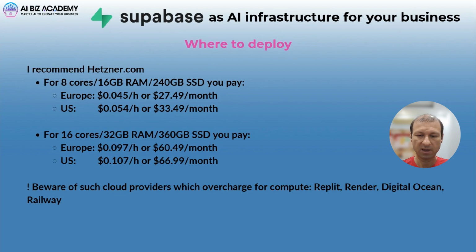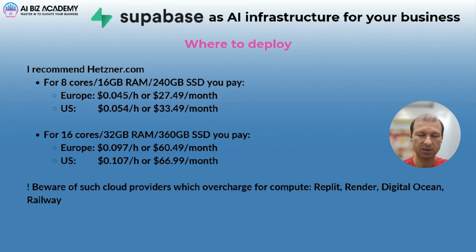Now be very careful of the cloud provider that you choose. I would stay away from Replit, Render, DigitalOcean and Railway, because in terms of compute resources, which you actually need for Supabase, they charge a lot more than Hetzner.